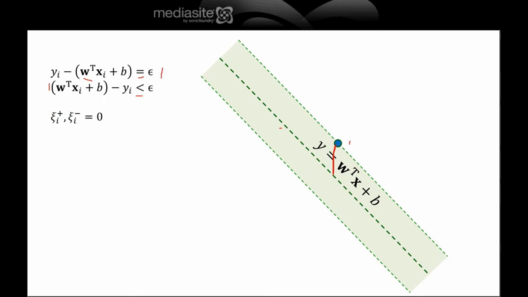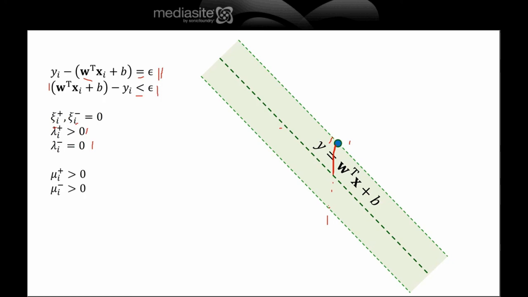Hence, since it's exactly on the margin, there is still no error. Zeta I plus is equal to 0, and zeta I minus, because it's not down below the margin, is equal to 0. Since this is an active constraint, lambda I plus is greater than 0. This is an inactive constraint, so lambda I minus is equal to 0.